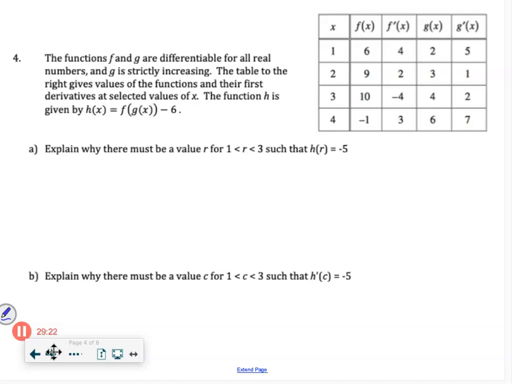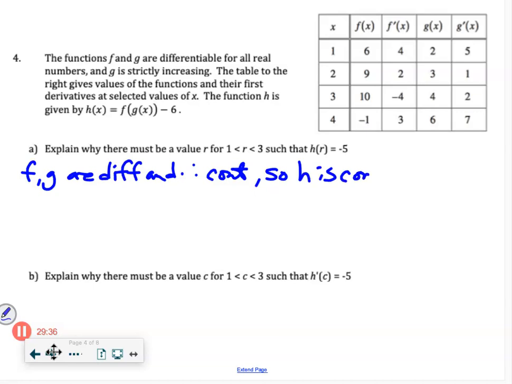So f and g are differentiable and therefore continuous. So h is continuous. You could have just left it there because they said it is differentiable for all real numbers. But if you wanted to do it on the closed interval, that was fine too.